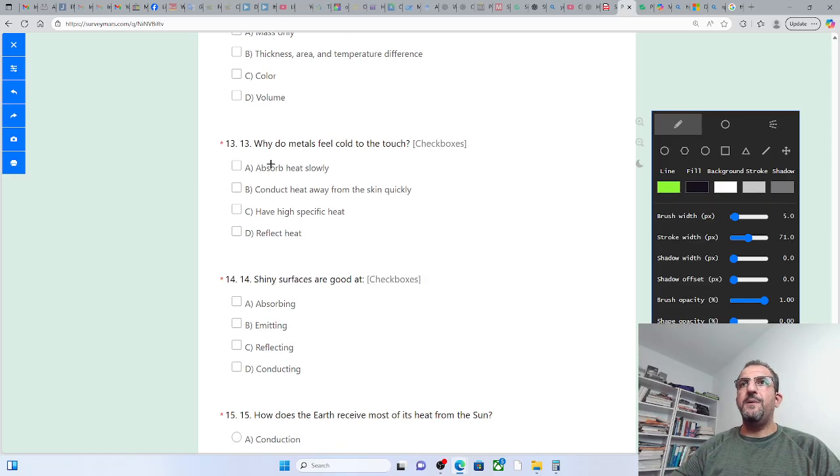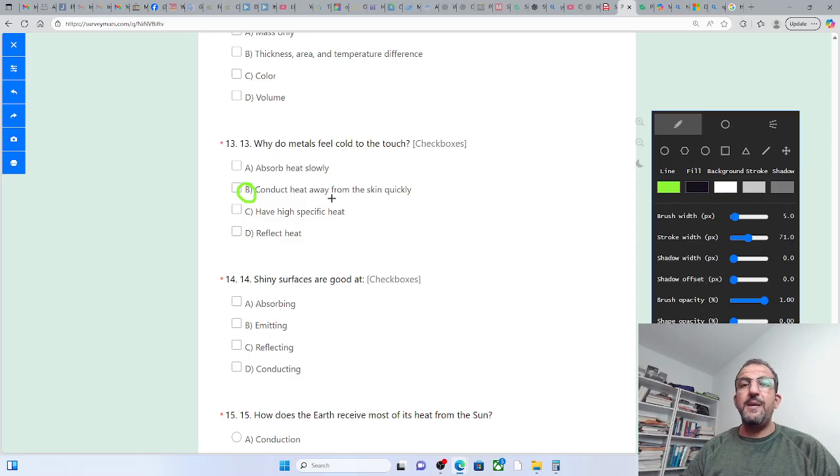Okay, number 13. Why do metals feel cold to the touch? Absorb heat slowly, conduct heat away from the skin quickly, have high specific heat, reflect heat. So B is the right answer.